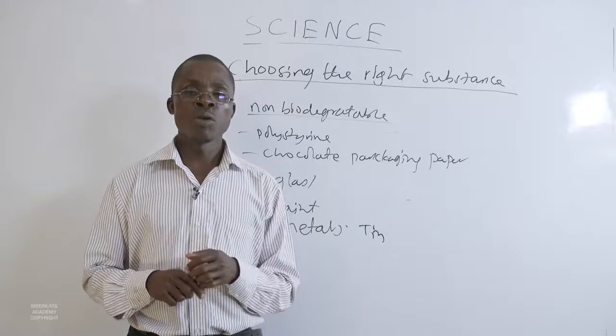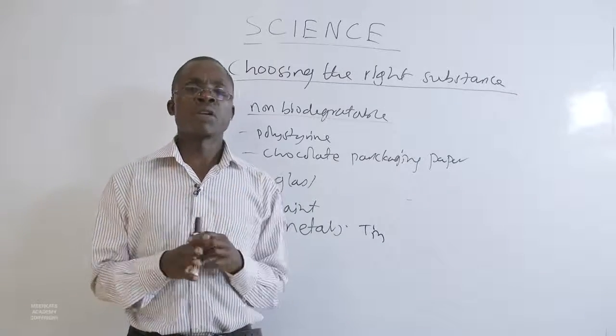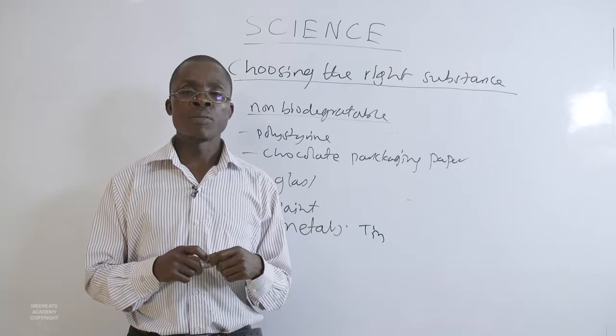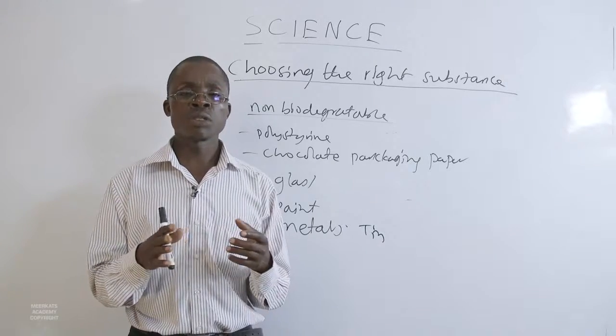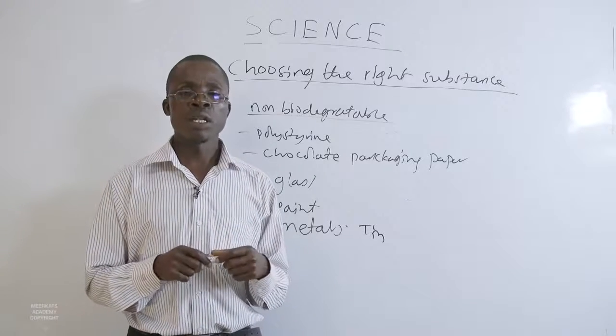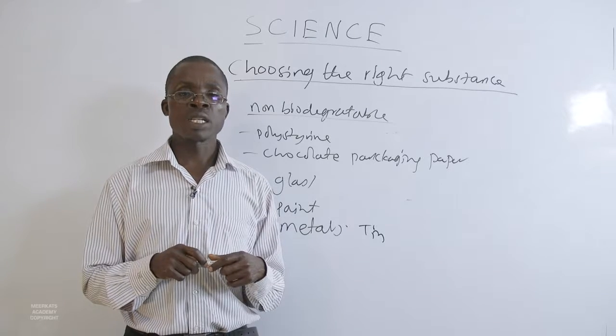Those are the two major waste products we can talk about. Are these materials biodegradable or non-biodegradable? The answer should not just be bio or non-biodegradable. Try to explain why they are categorized in that particular category.